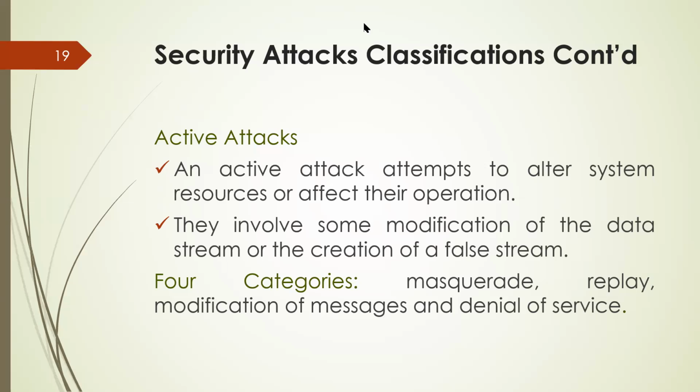We have 4 types of active attacks. Number 1 are masquerades. People are just there masquerading. I'll give you examples. For example, if you lose your phone and it takes you over 1 month to go and get your SIM card back, that means in that 1 month, the thief can act as a masquerade, that it's you.